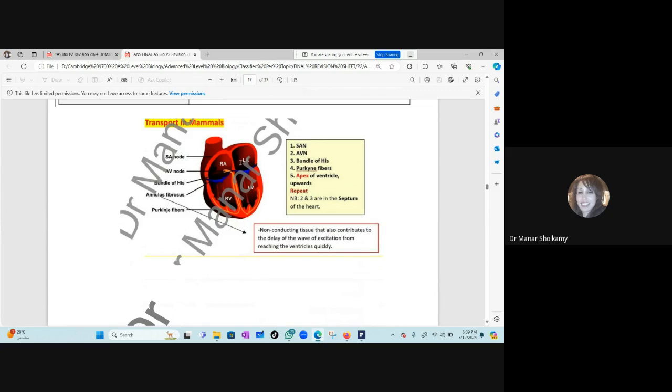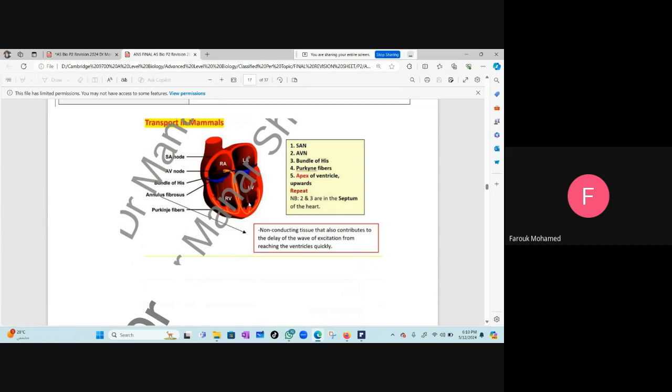After a small delay, it's going to continue along its pathway. It's going to go to the bundle of His and then to the Purkinje fibres that divide into two branches that carry the wave of excitation to the base of the ventricle so that the ventricles contract from the base upwards. Did you know all that or are you hearing this for the first time?